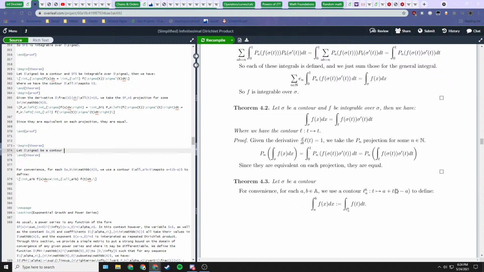Okay, yeah. So we'll have sigma be a contour. What we want to say is if sigma is purely complex, then we can pull in these projections. That's what we want to say. So we'll say such that sigma of t is in C, or we can say the image sigma of [0,1] is a subset of the complex numbers.